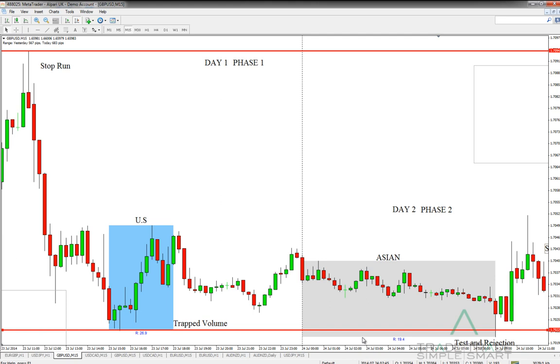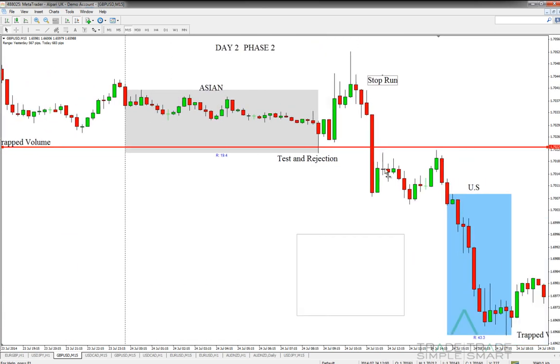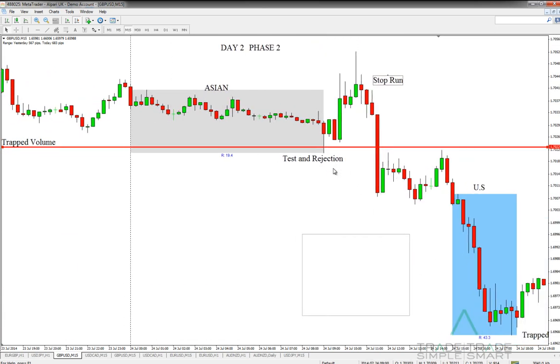If not during the US session, they will be caught during the Asian session or the open of the London session the following day. So in terms of the previous day's low, we can see again the test and rejection, a pullback, a stop run of the Asian highs, and then we can see the unfolding of the trend.